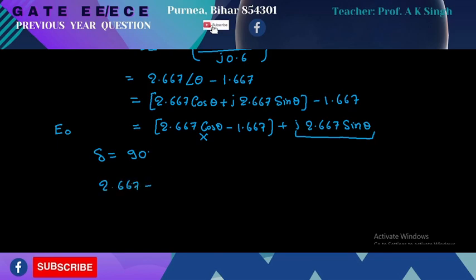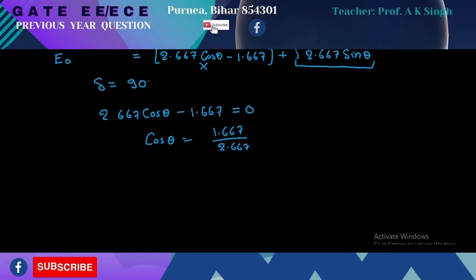So 2.667 cos theta minus 1.667 will be equal to 0. From here we find cos theta is equal to 1.667 divided by 2.667.